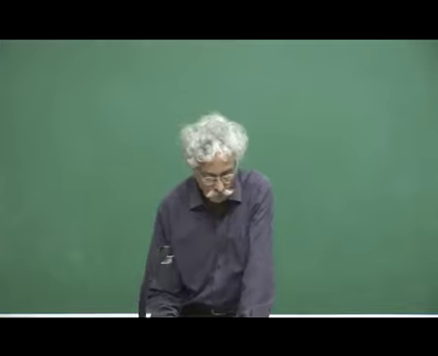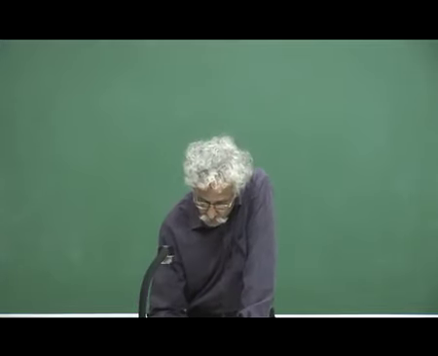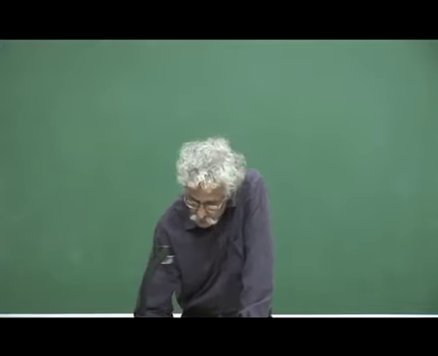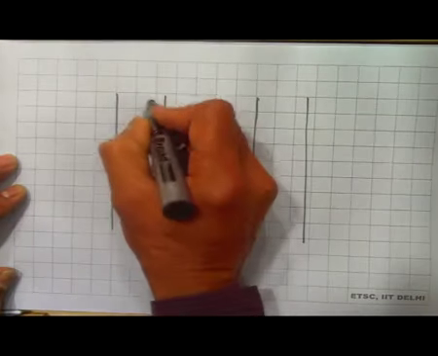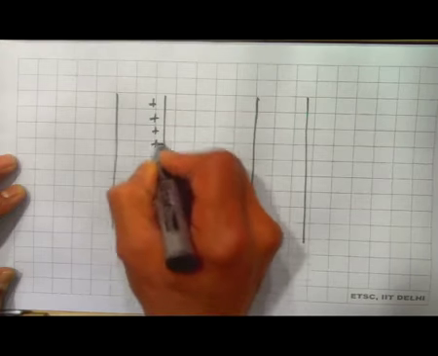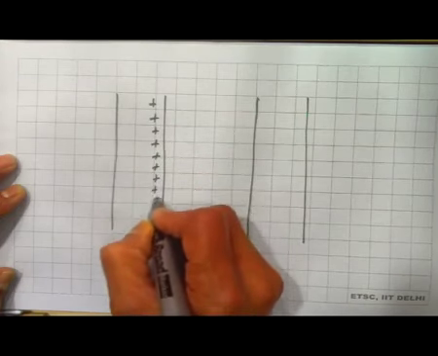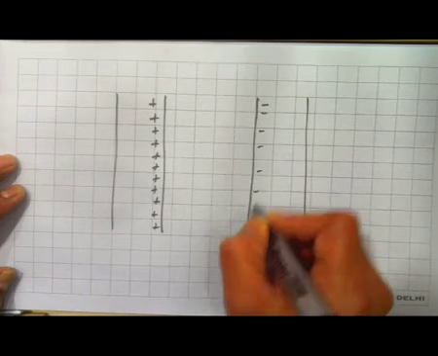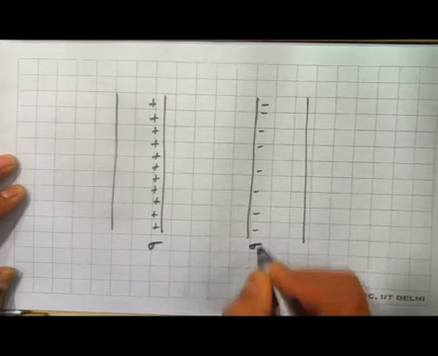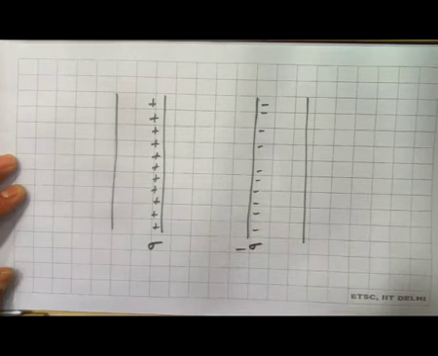So, I have the following problem. I have two plates, plus charge density here and minus charge density here. So, sigma, and this is minus sigma.